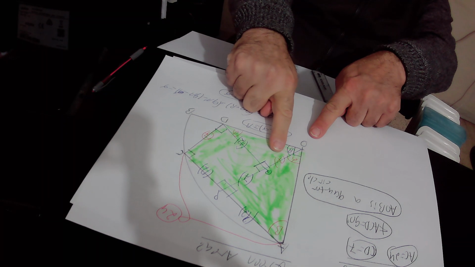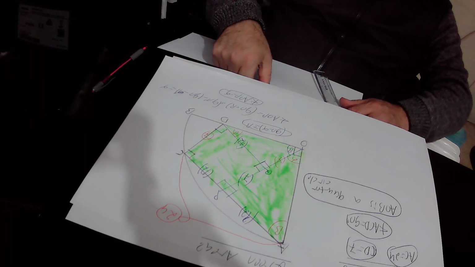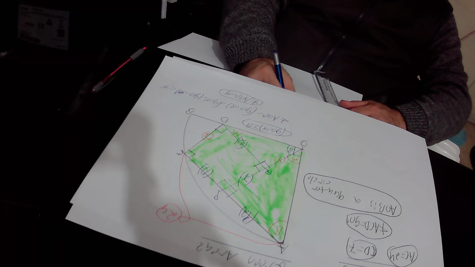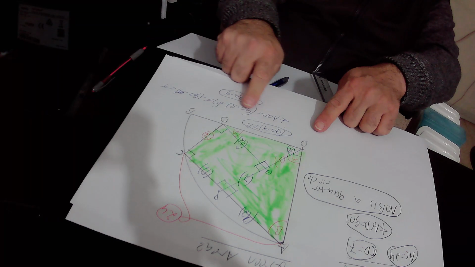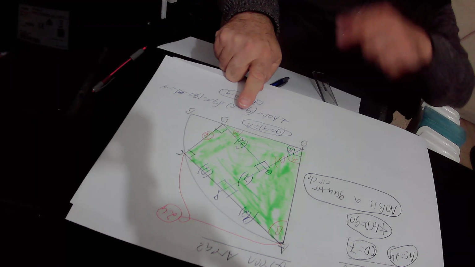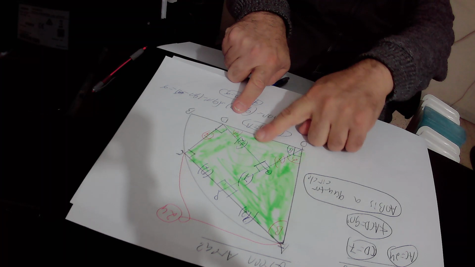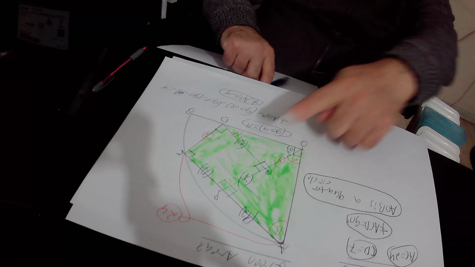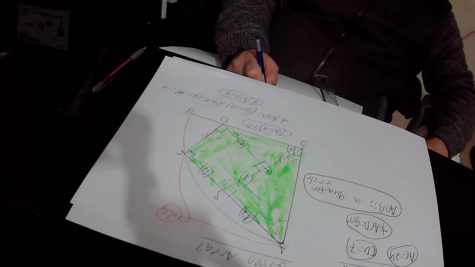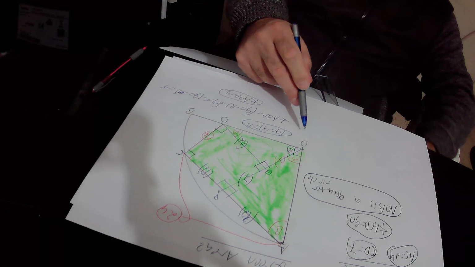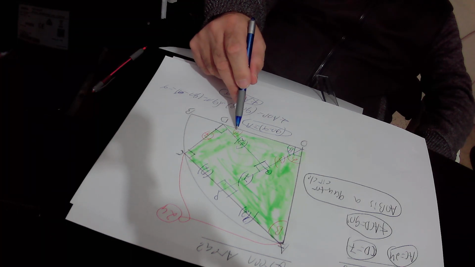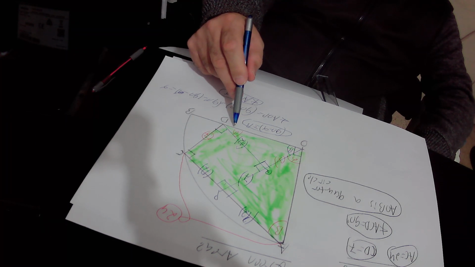Side OQ equals x according to our definition. Side QD equals 12 units. And this is angle ODQ, that is equal to alpha.